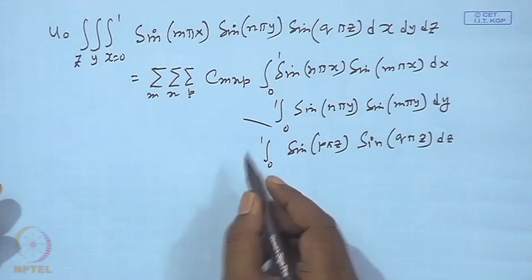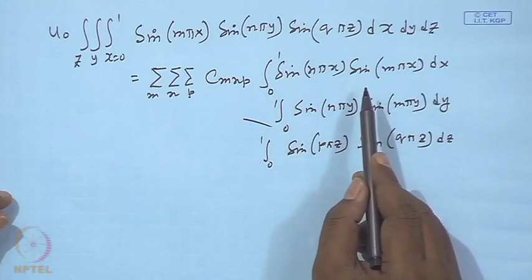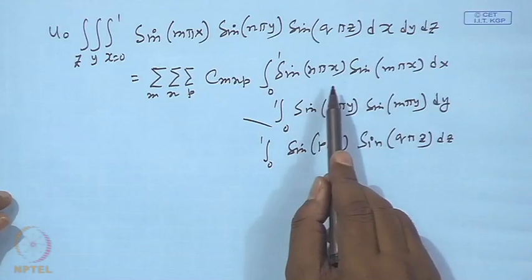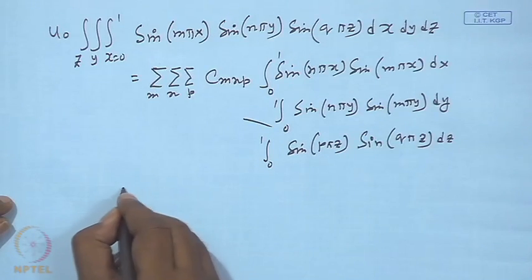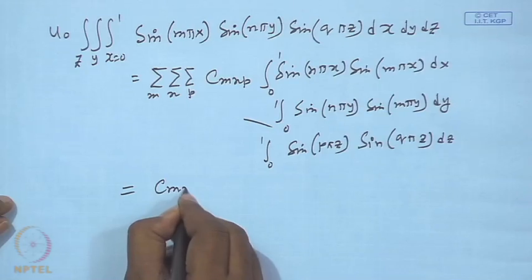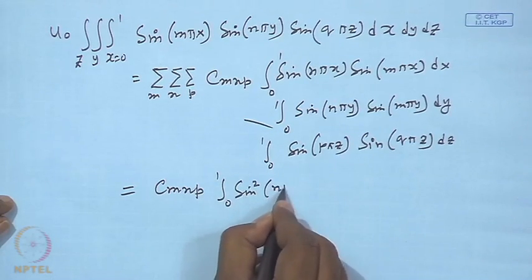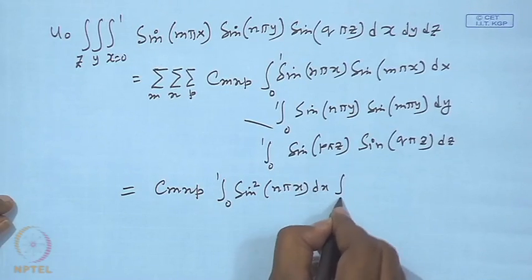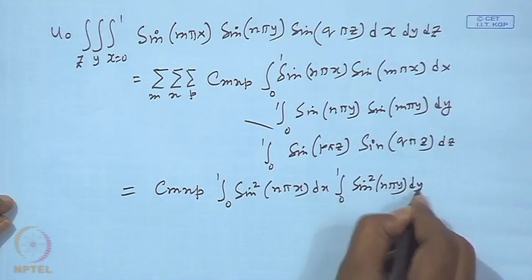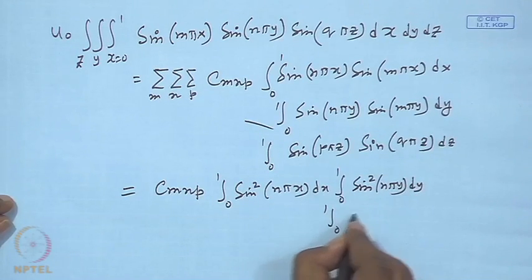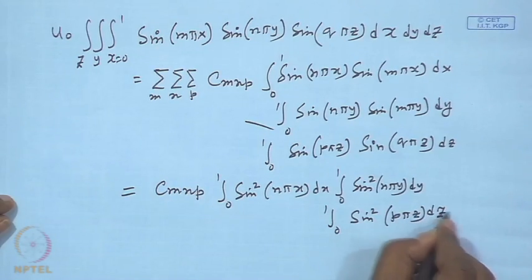Now, we utilize the orthogonal property of the sine function and open up the summation series. If you really do that, then all the terms except m is equal to n, and except m is equal to n and p equal to q, they will vanish. So, whatever is remaining is the one term C m n p, integral 0 to 1 sin square n pi x dx, 0 to 1 sin square n pi y dy and 0 to 1 sin square p pi z dz.